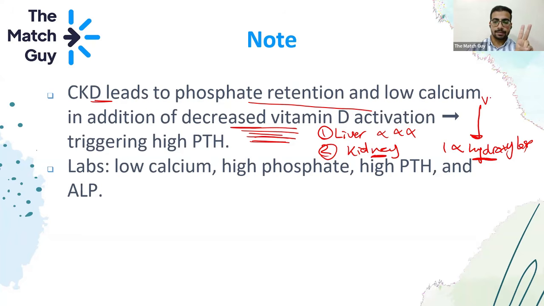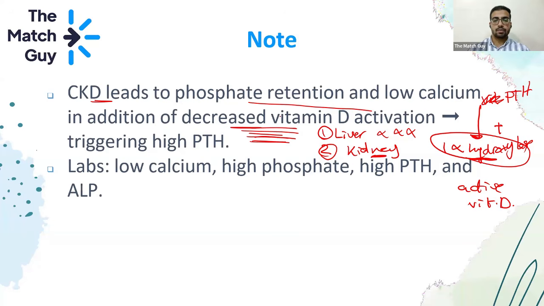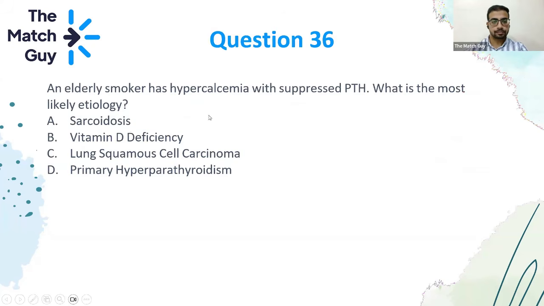Sorry, it's PTH. One of its actions on the kidney is it activates 1-alpha hydroxylase, so we get active vitamin D. And that's also another reason why in CKD you have decreased calcium level, and so causing the high PTH and the cascade we discussed.